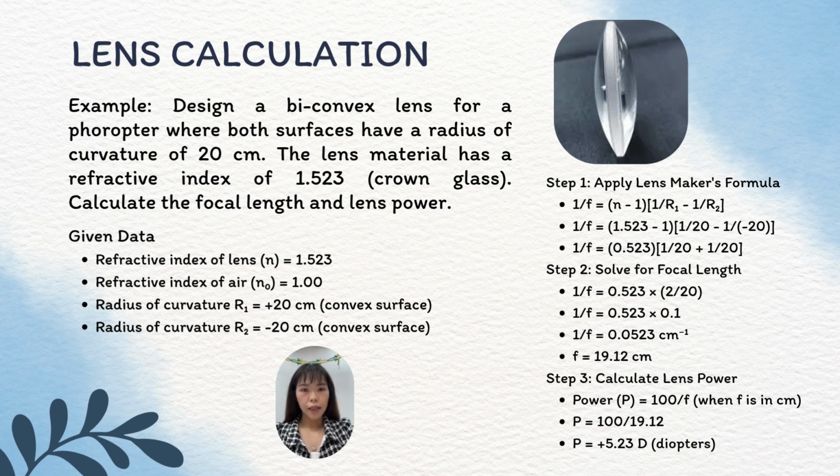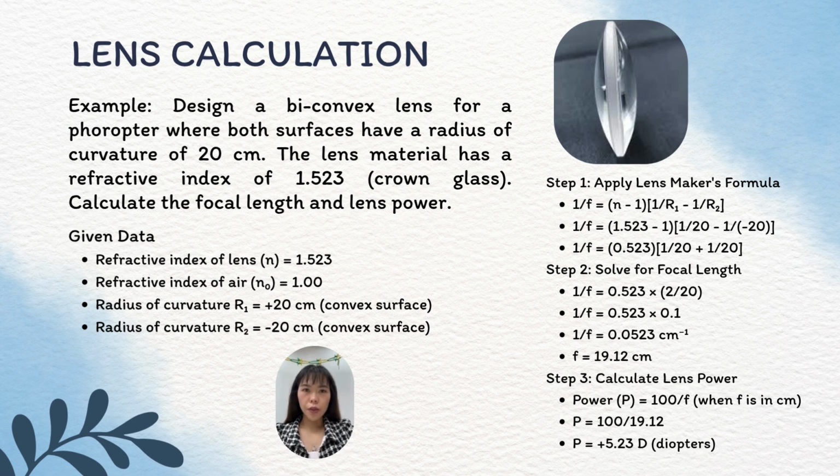Okay, next we move on to the lens calculation. In this example, we are designing a biconvex lens for a hyperopic patient, where both surfaces have a radius of curvature of 20 cm. Given the refractive index of 1.523 for crown glass, we can calculate the focal length using the lens maker formula.